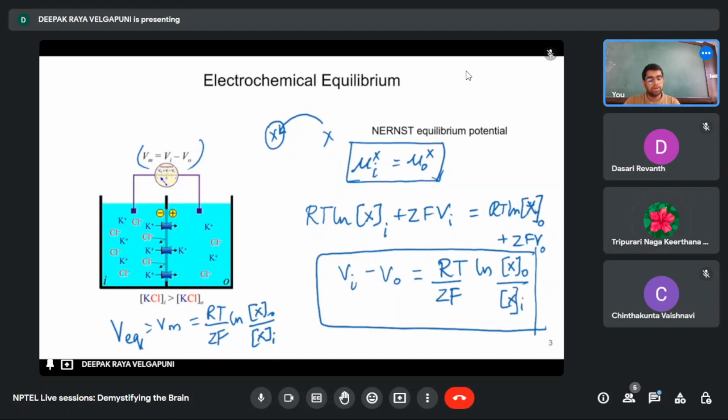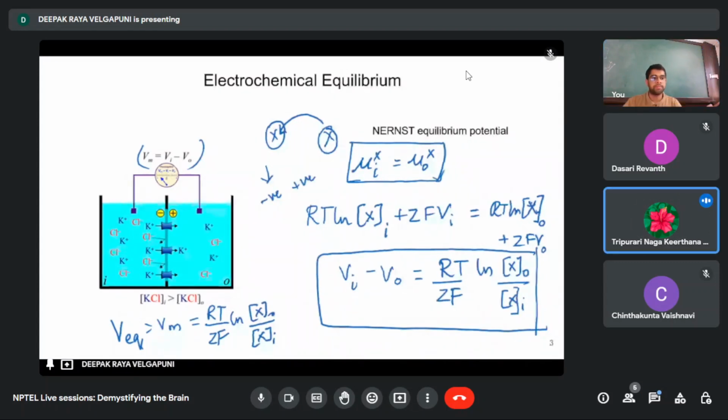So the lower the chemical potential, the more ions of the same species can be added to that location, and therefore negative is lower, positive is higher. You're right. So any doubt here?